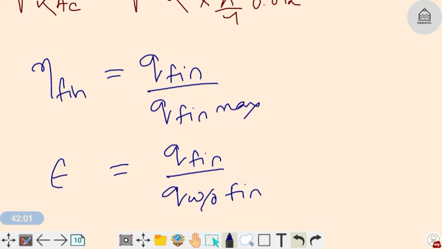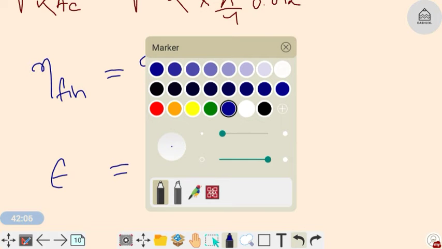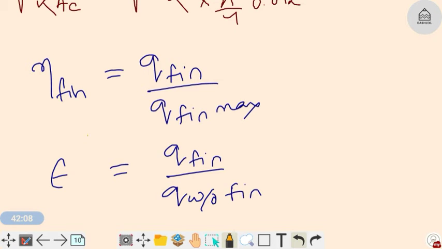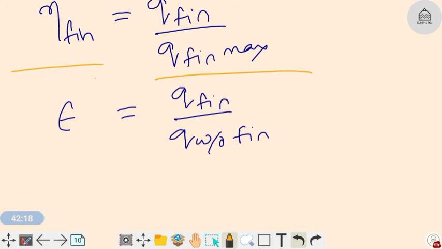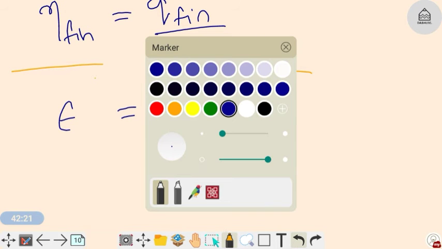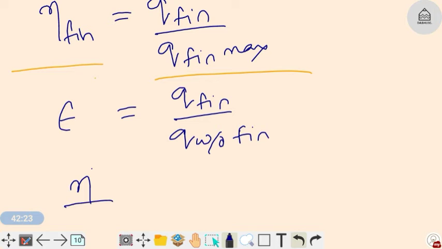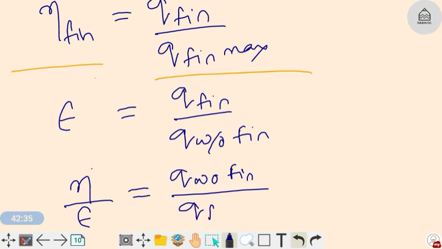If I divide both of them, what will I get? Efficiency divided by effectiveness is Q without fin divided by Q fin max.